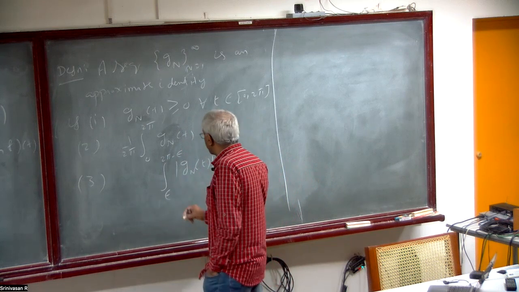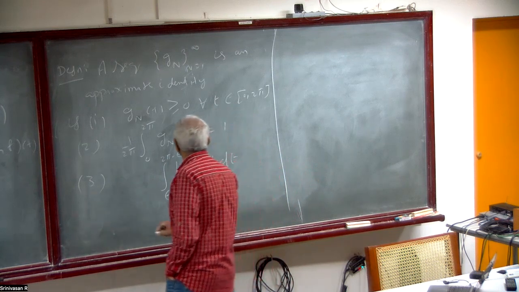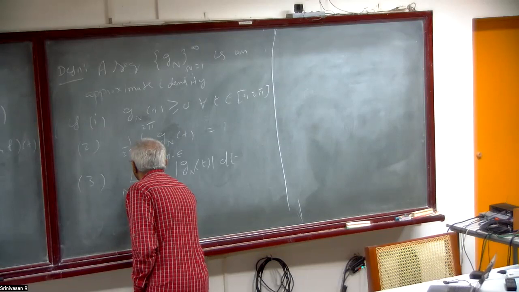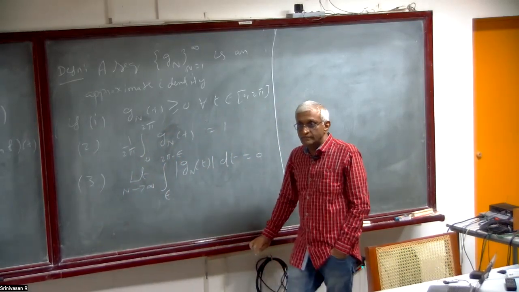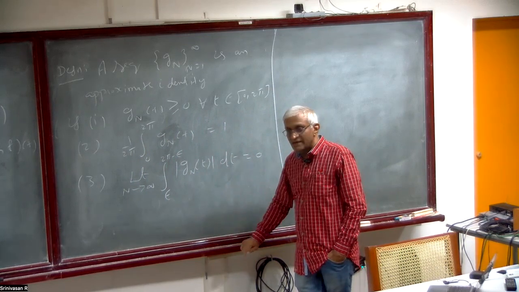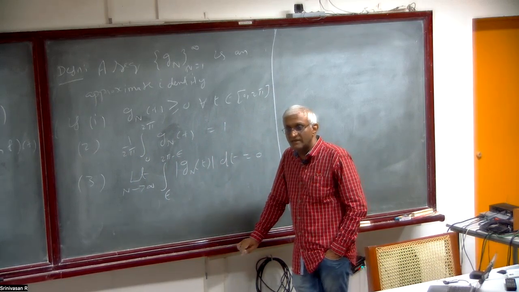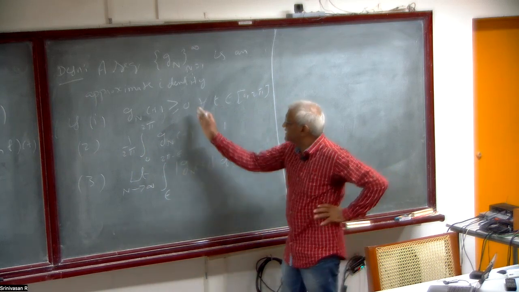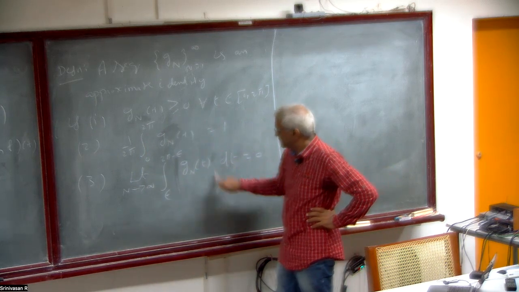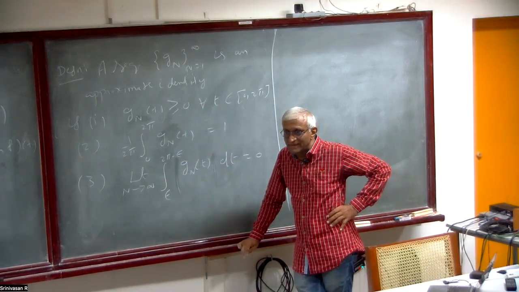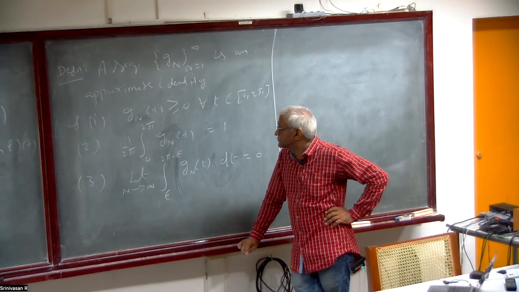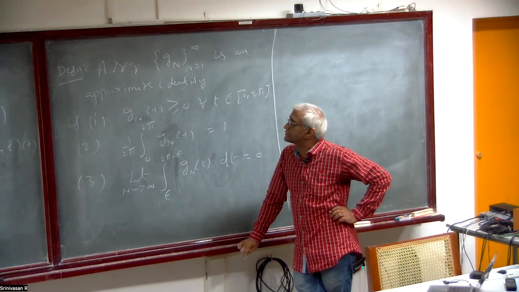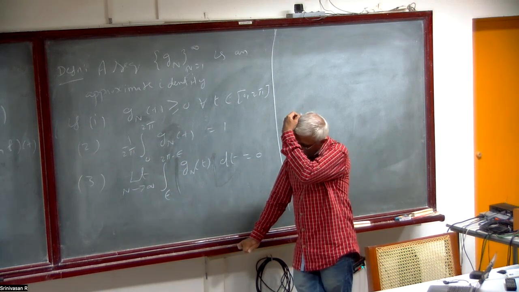I think mod is there. Let us see whether mod is needed. I'm not sure, I think mod is needed. But here it's greater than 0, so it is not needed. So this is what is called an approximate identity.